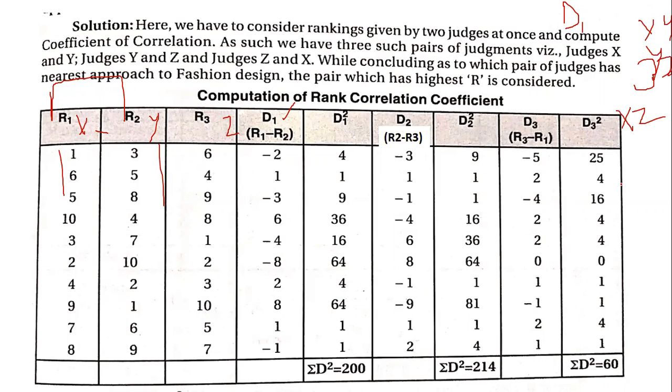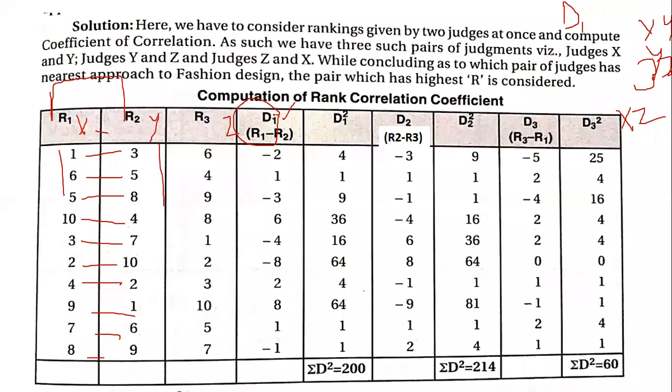So first we find the difference between R1 and R2: 1 minus 3, 6 minus 5, 5 minus 8, 10 minus 4, 3 minus 7, 2 minus 10 and so on. Once you calculate the difference, that will be D1.